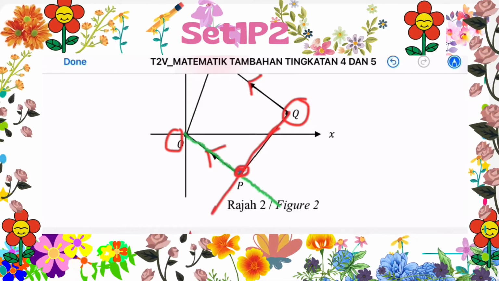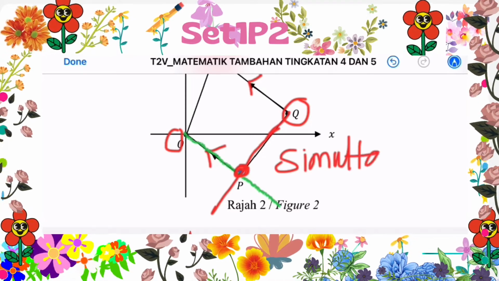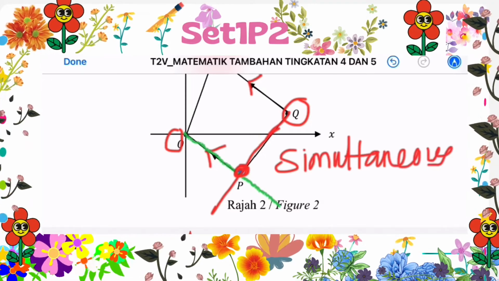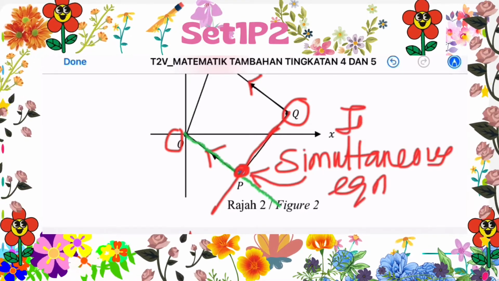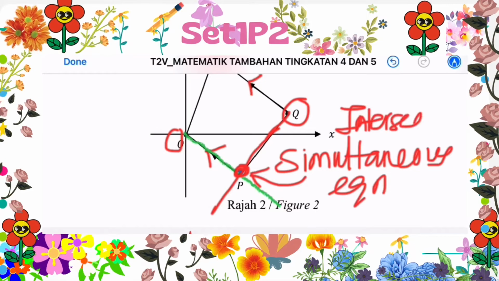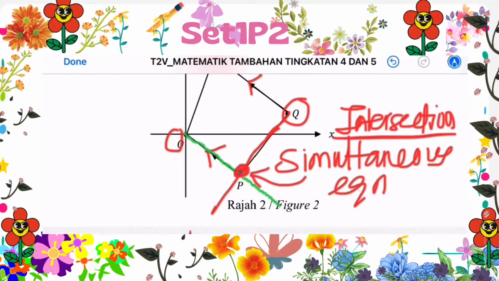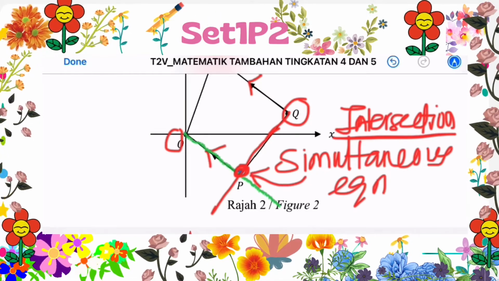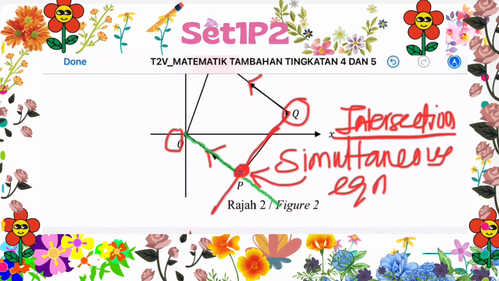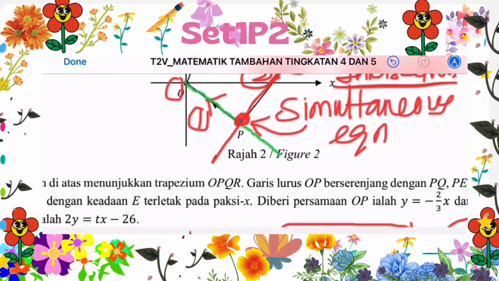So when we see an intersection point, we will use simultaneous equations to find the point of intersection. Remember, this is a concept that you must know. So we need the equation of PQ, we need the equation of OP. So this is equation number 1, equation number 2, then we solve them simultaneously.